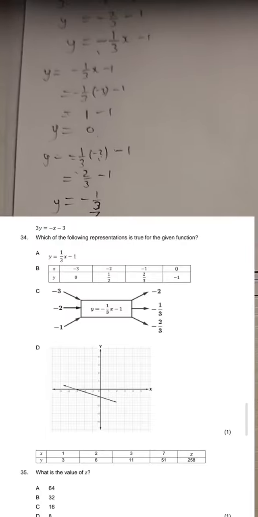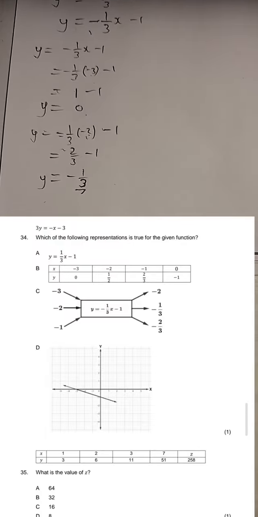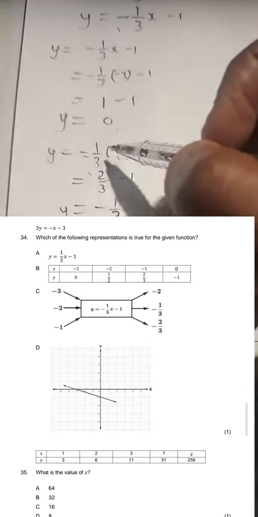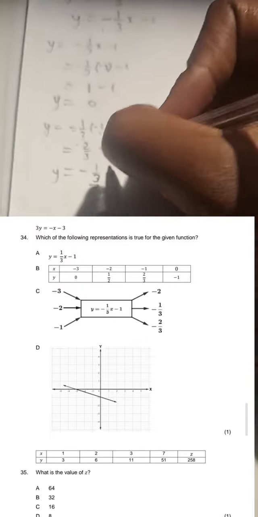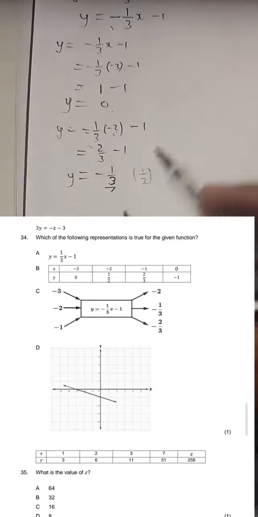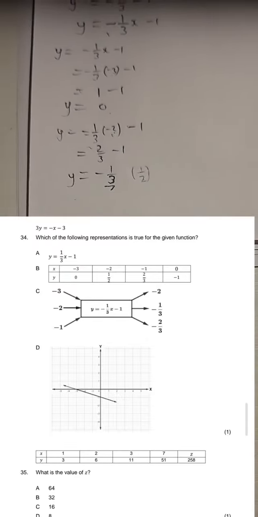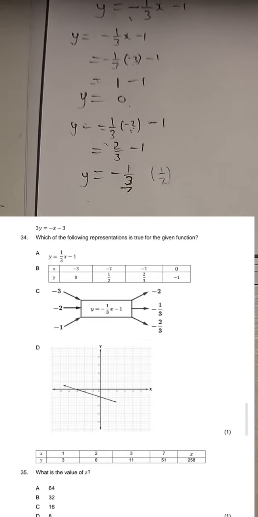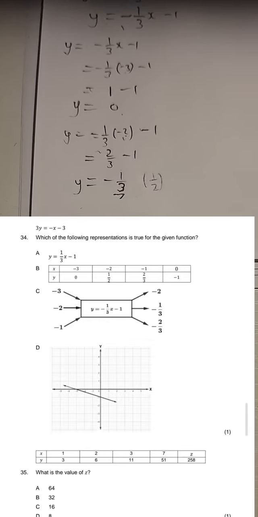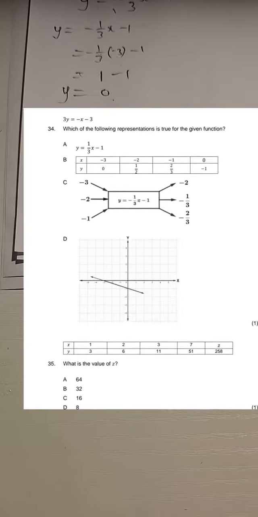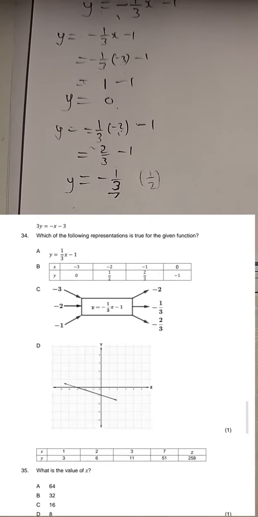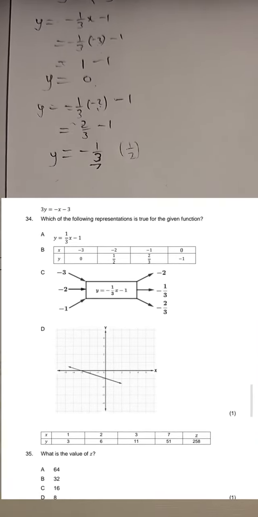So that means the table is not it. Because what were we expecting when you substitute negative 2? We were expecting here to get half, but we are getting negative 1 over 3. So that means that the table is not a representation of 3y is equal to negative x minus 3. So now we need to go then to C, which is the flow diagram.